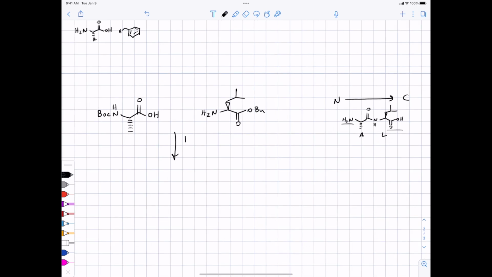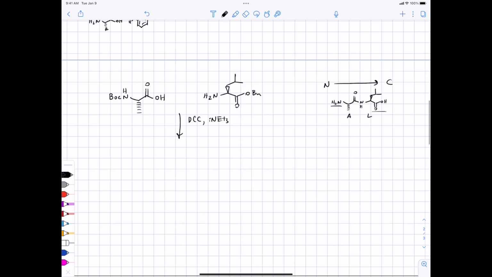With those two protecting groups in place, I'm fine now to use DCC and triethylamine to make the amide bond. And remember, DCC activates this carboxylic acid, doesn't touch the benzyl ester. Then the nitrogen comes in and attacks the carbonyl carbon. You get a tetrahedral intermediate, the leaving group leaves.